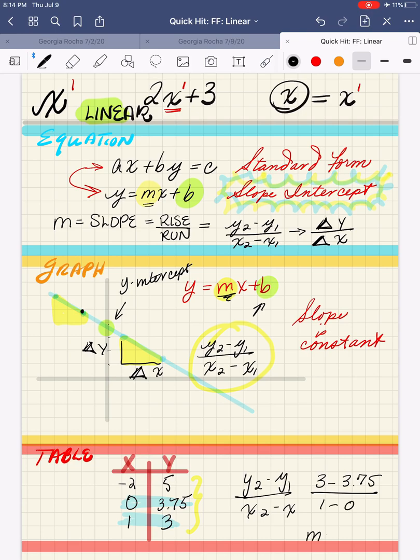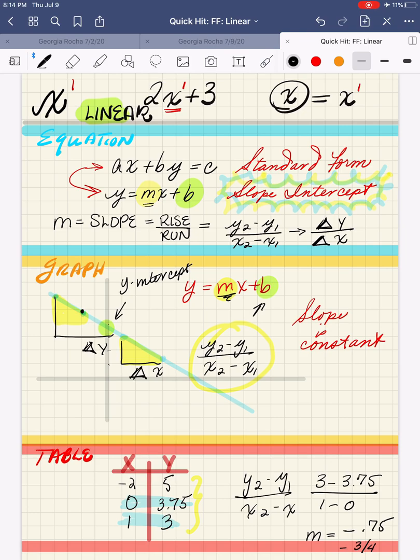So my slope in this case would be -0.75, or -3/4. And indeed, we can just kind of see this is kind of going down 3 and over 4-ish. I mean, I'm just running this on the fly.